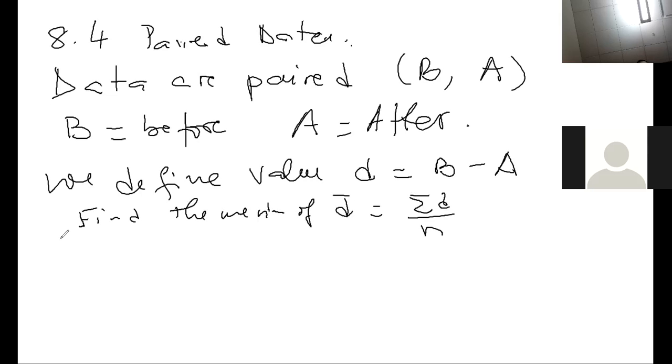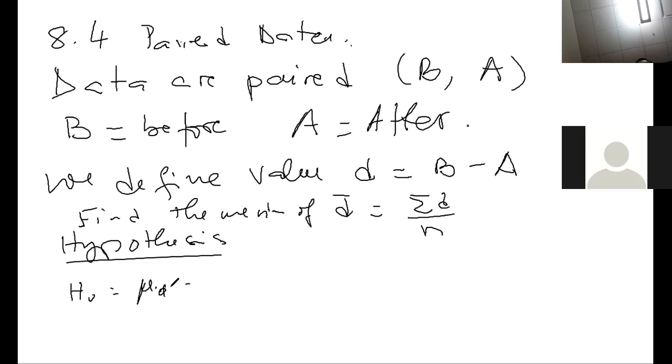So the hypotheses are, all these are on PowerPoint. We will have H0: mu D equals 0, where mu D is mu before minus mu after.